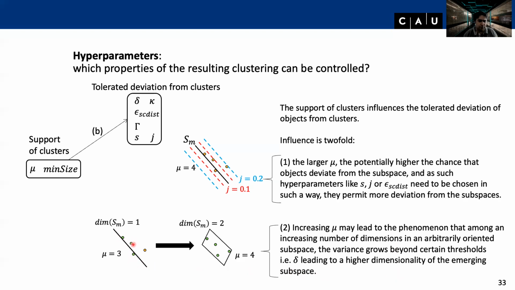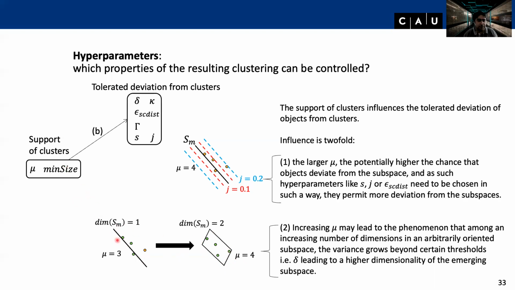And we would say they have a small deviation, so we can say they are located around a line. Then depending on the algorithm, you say, no, I want min point support 4. And then we have too much of a deviation, so like in 4C, for instance, we say it's no longer of dimensionality 1 because we have too much of a deviation, but instead it's a 2-dimensional correlated cluster because it's now located on a plane.